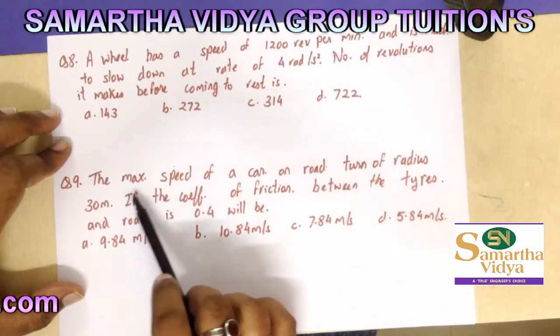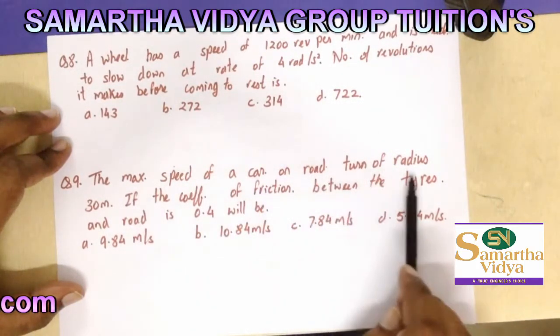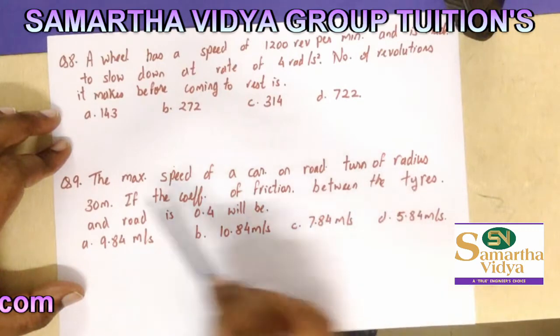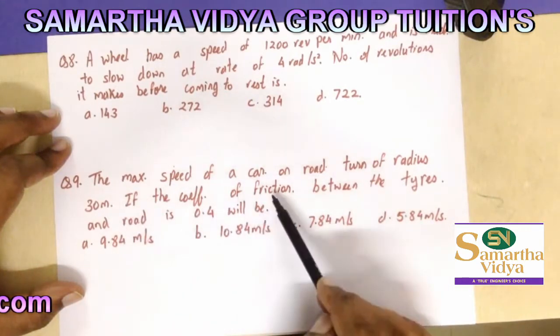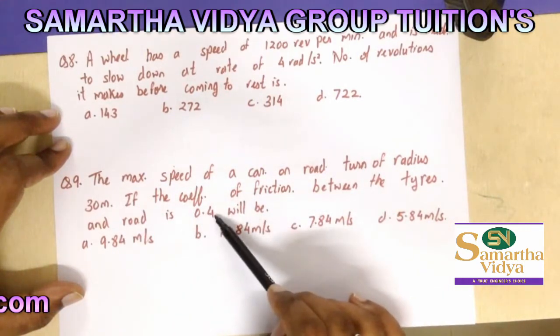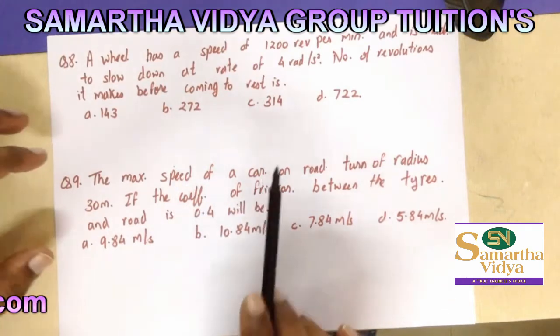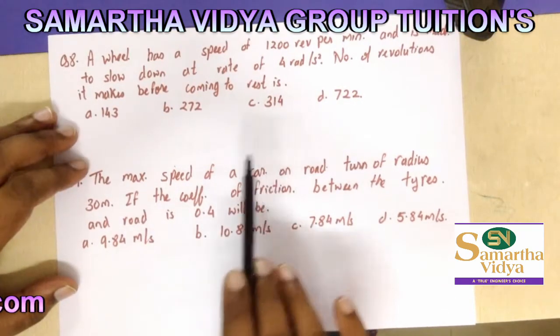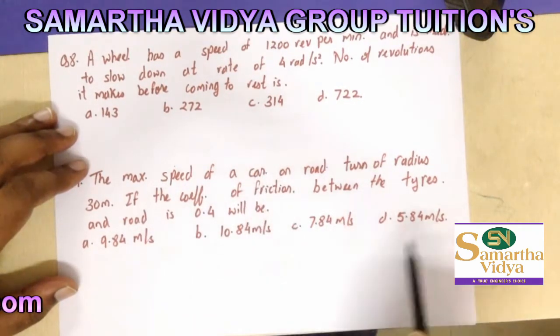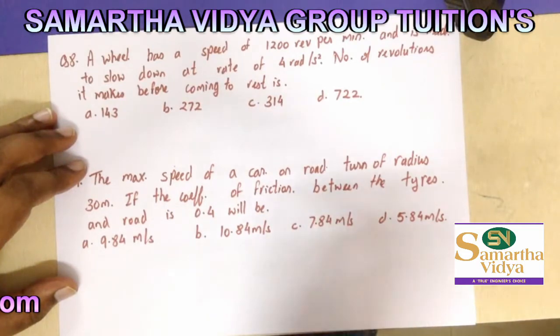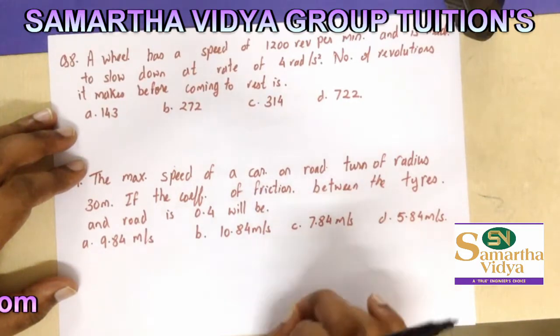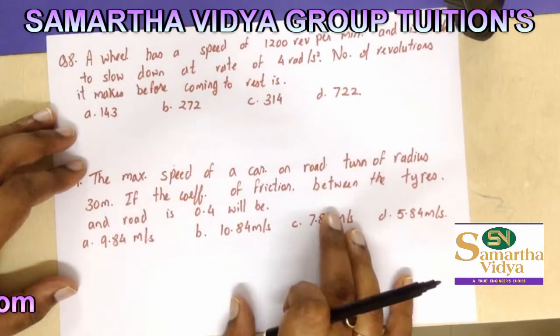And the next one: the maximum speed of a car on a road turning around a radius of 30 meters, where the coefficient of friction is 0.4. What is the maximum speed it can have? Do write in the comment section what you feel the answer should be, and we'll be discussing these 2 questions in the next video.